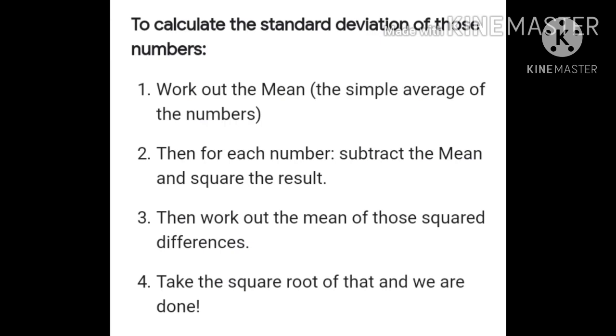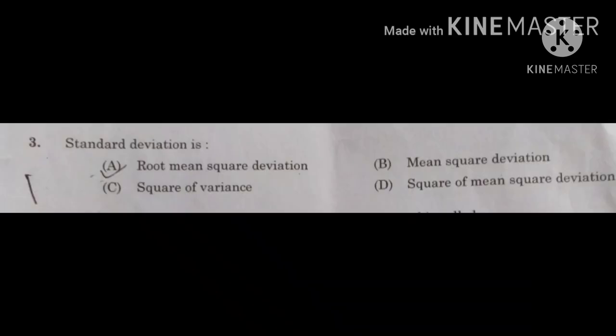Then work out the mean of the squared differences, then take the square root. Okay, then we will get the actual standard deviation. For calculating standard deviation, we find out the mean, that is the average of the values. Then we square the values and finally we take the root of the value. So the correct answer for this question is option A, root mean square deviation.